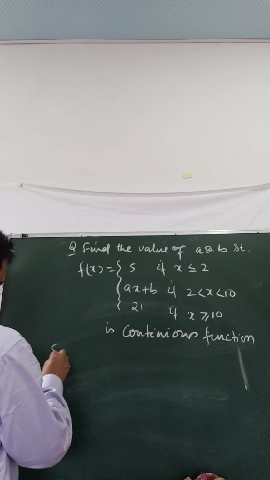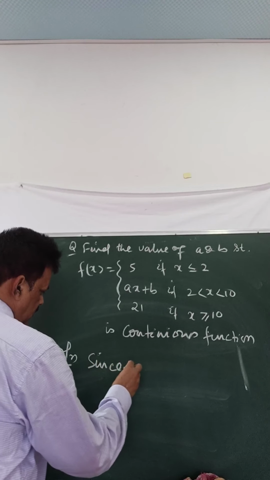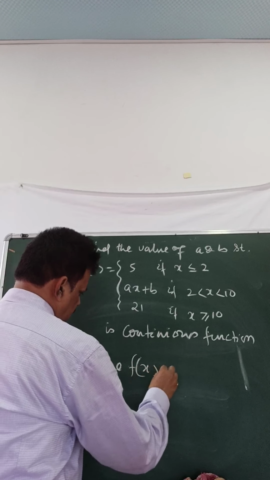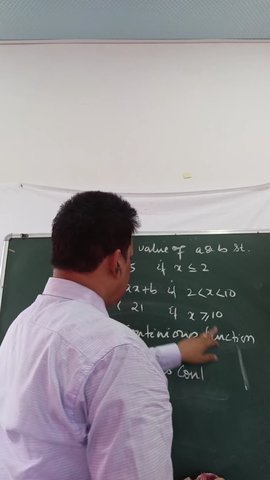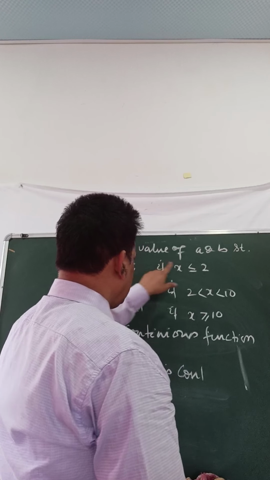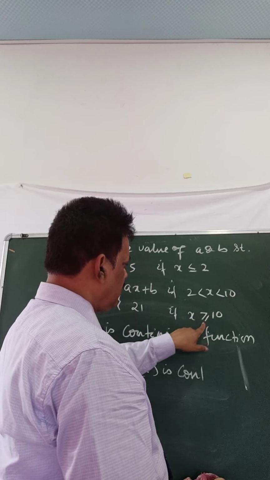You can write here, since f(x) is continuous, it is a continuous function, means this is also continuous at 2. This is also continuous at 10.